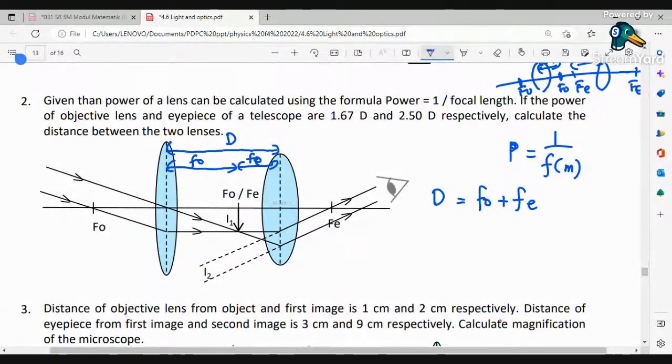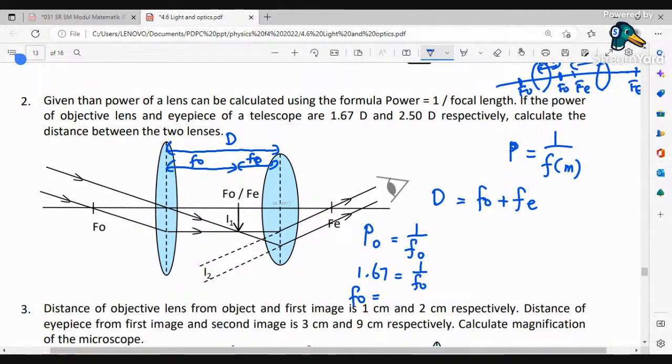So what you do, you need to find FO dulu. So gunakan formula P equals to 1 over F. You want to find what is FO. So PO equals to 1 over FO. Okay, so PO given 1.67. So what?